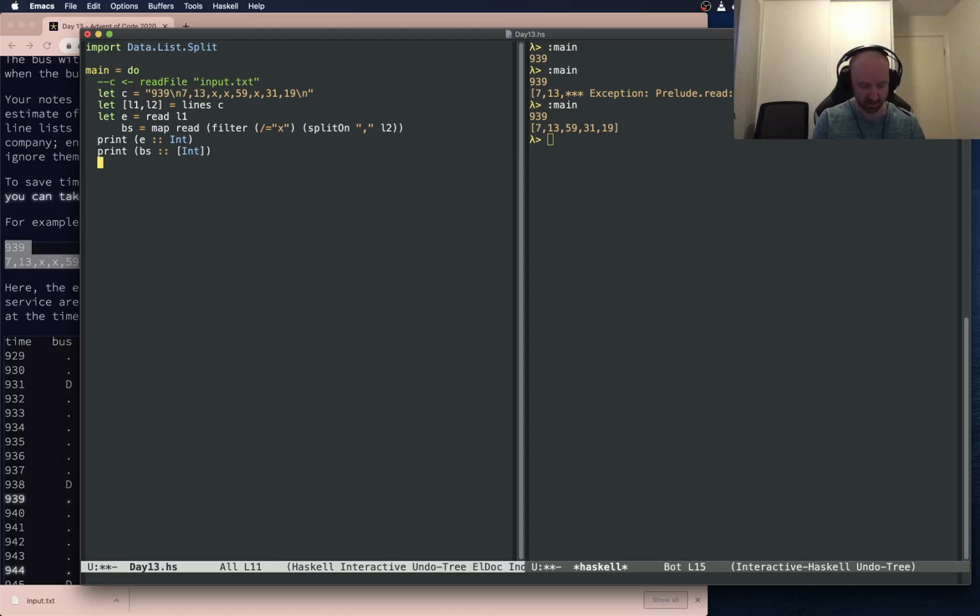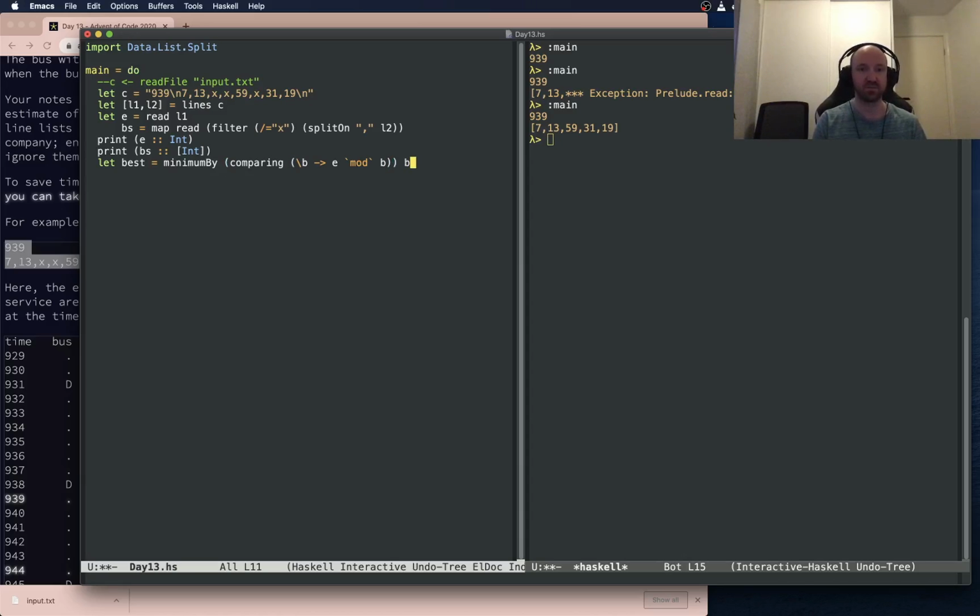So if I go, print, no, not print, if I go B, the minimum by comparing, call it best bus, comparing B goes to E mod B. I think that's right.